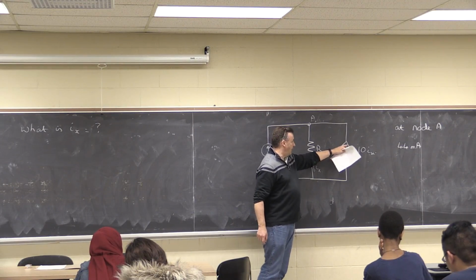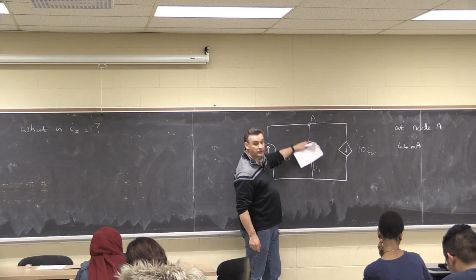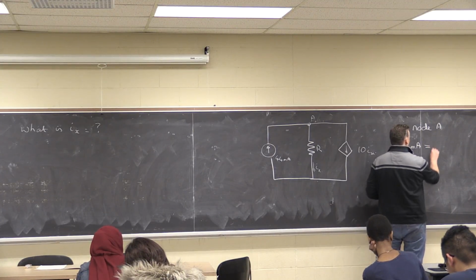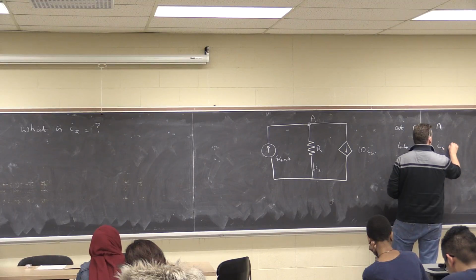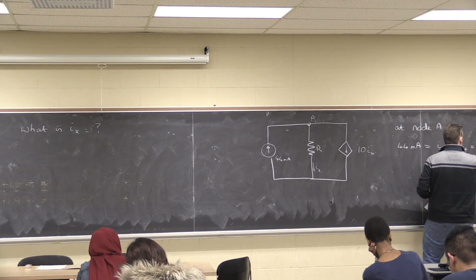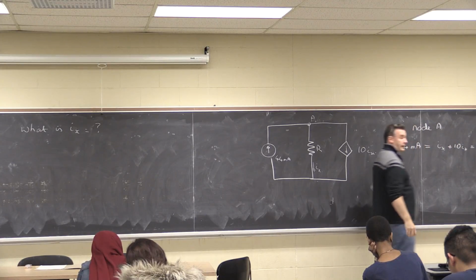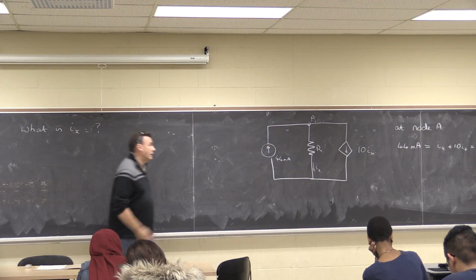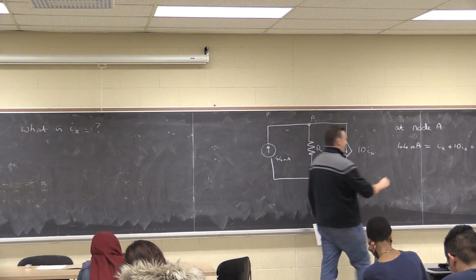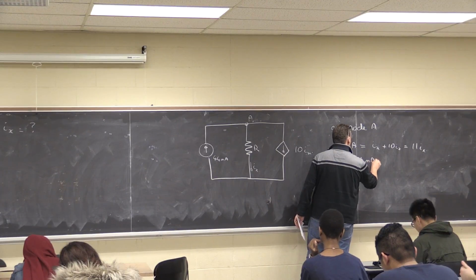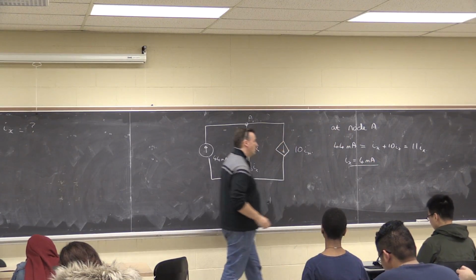This one is producing 10 Ix, and Ix is defined as the current through this one. So what's flowing out has to be Ix plus 10 Ix, which is 11 Ix. That's a fairly straightforward one. This tells me Ix must be 4 milliamps.